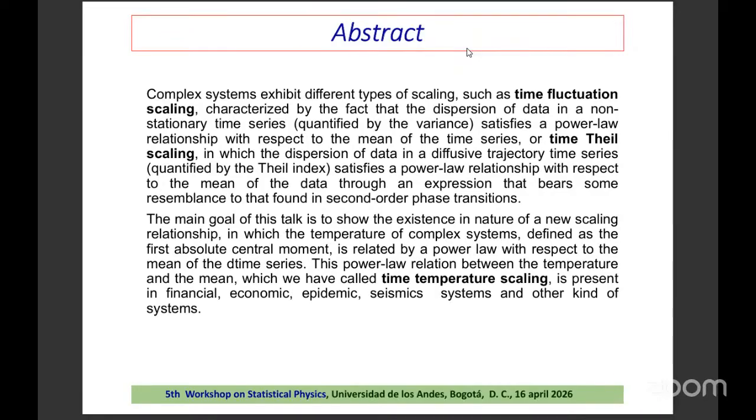This time temperature scaling is defined by a power-law relation between the temperature of the complex systems and the mean. The idea is to show that this property is present in different systems, in financial, economic, epidemic, seismic, and other kinds of systems, and establish a comparison with the time fluctuation scaling, because this property is different.